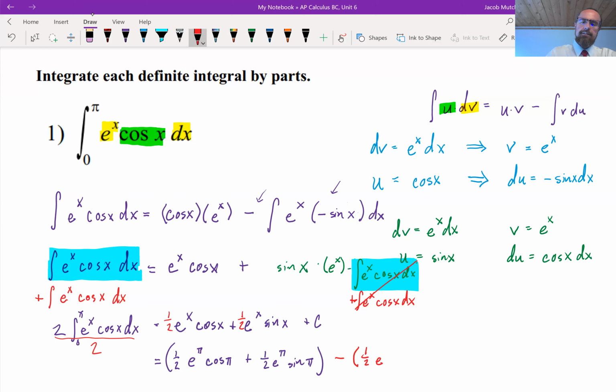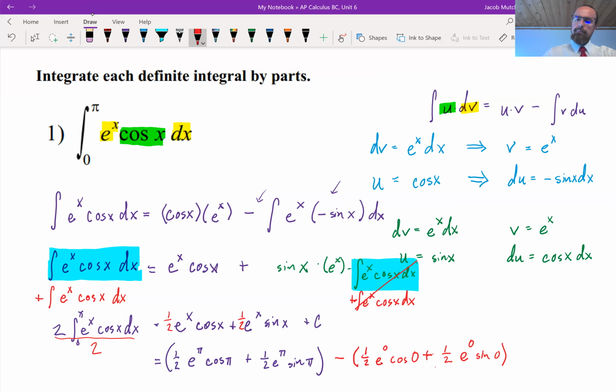So half e to the 0 cosine of 0 plus half e to the 0 sine of 0. So we just need to evaluate that. We do have some cancellations at 0. At 0, sine has the value of 0.